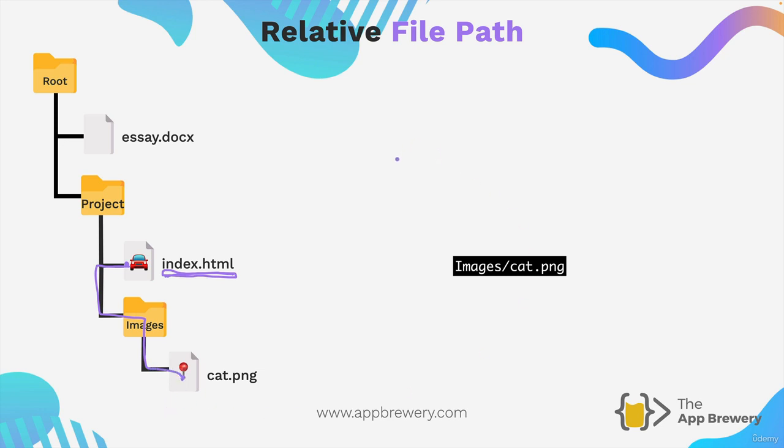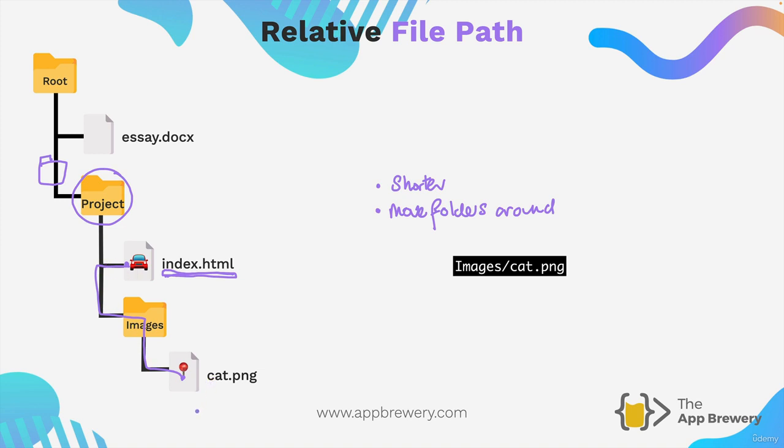So usually relative file paths are a little bit shorter. And also, more importantly, it doesn't matter if you move your folders around, it's always going to be valid. For example, if this project folder got moved into a different folder, or if it became nested inside another folder, then this particular relative file path, this short journey, is still always going to be valid.